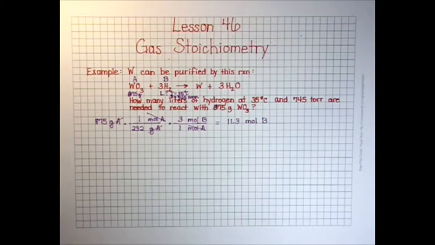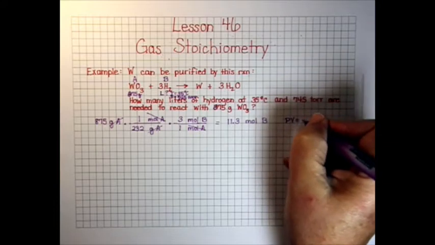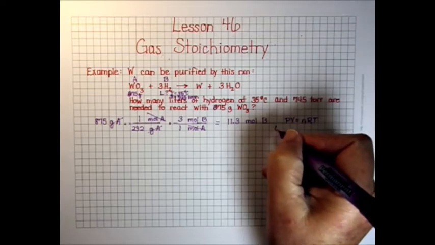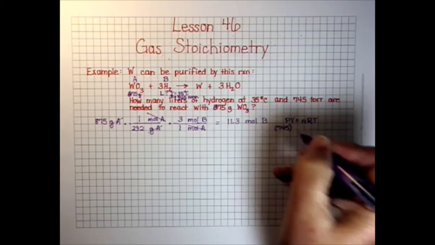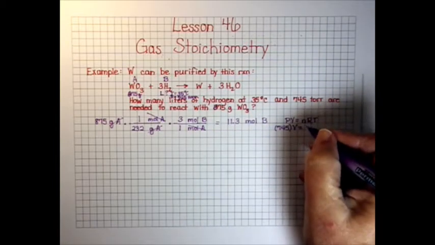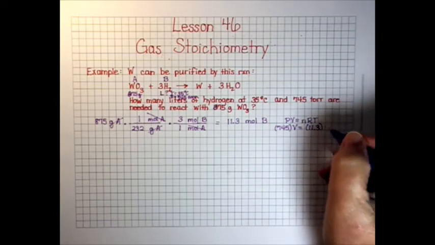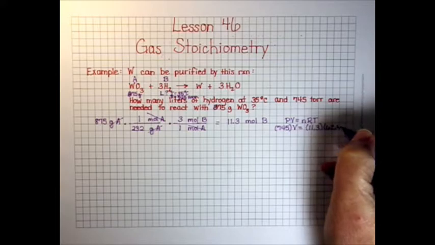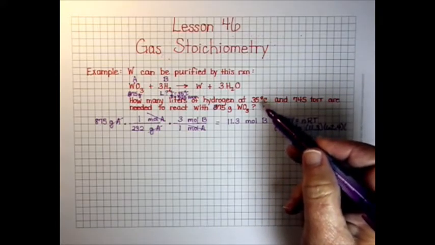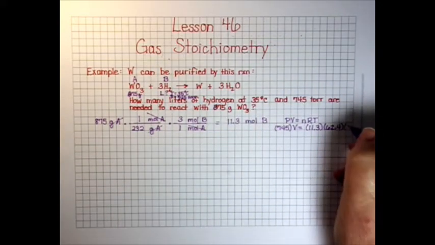So now I'm going to plug this in to PV equals nRT. We were told that the pressure of our hydrogen was going to be 745 torr. The volume of our hydrogen is what we're looking for. We now know that we're going to need 11.3 moles. Since my pressure is in torr, R is going to be 62.4. And my temperature is 35 degrees Celsius. Better change that temperature to Kelvin. So add 273 to it and we get 308.